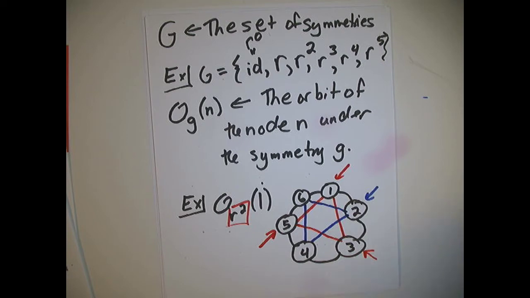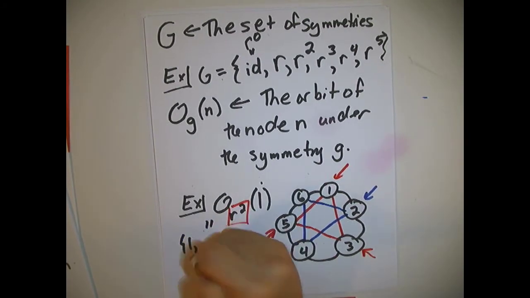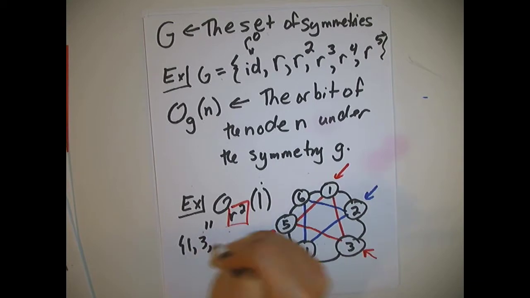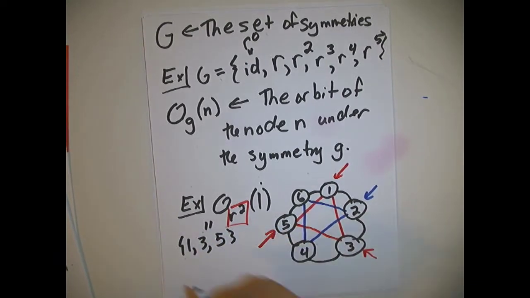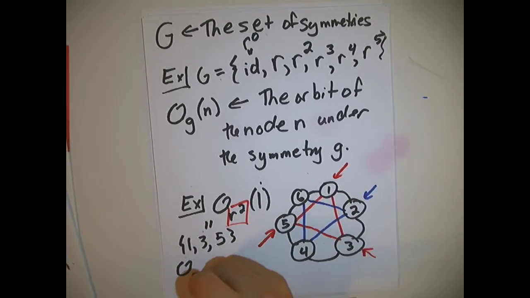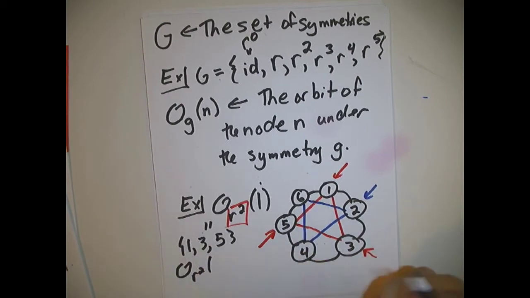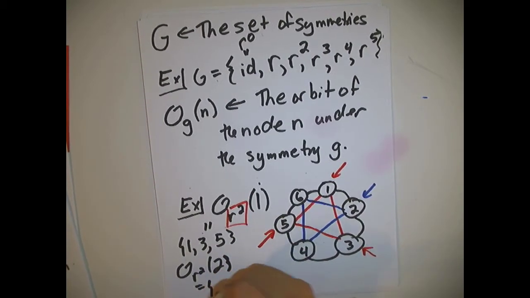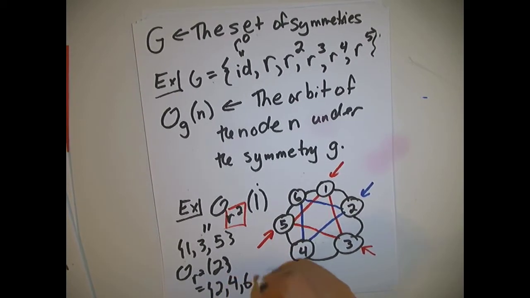And so the way we're going to write that is to say, okay, the points that are tethered together with 1, well, 1, but then 1 also gets connected to 3 and 5. And likewise, if I were to take O of r squared 2, that would end up being 2, 4, 6.